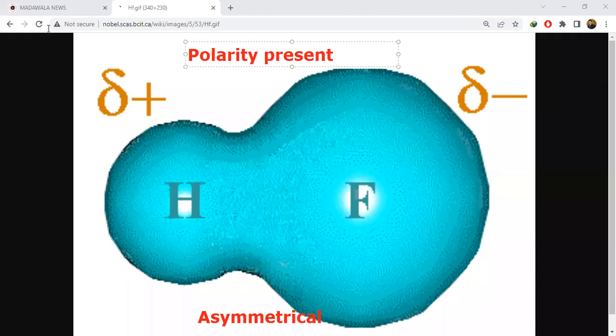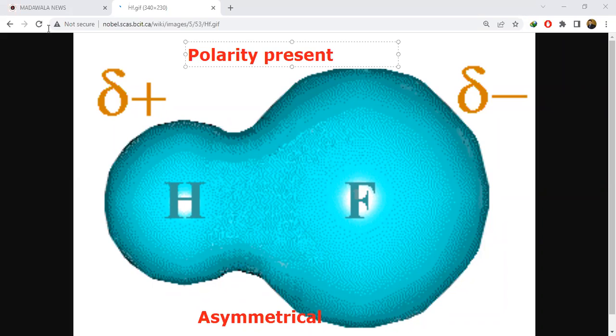Because electrons are equally distributed, because both atoms have equal electronegativity. There will be no plus minus, no? No plus minus.